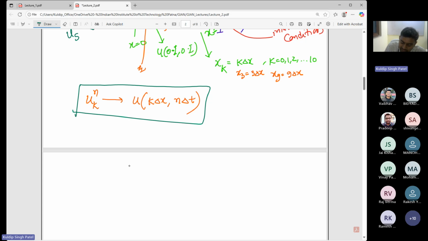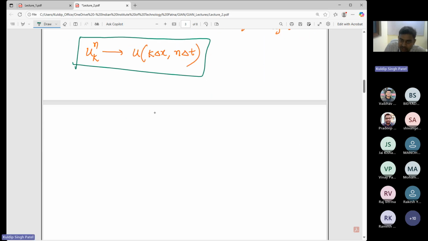So we all know that our equation is ut equals uxx, and we will discretize it using finite difference approximations.